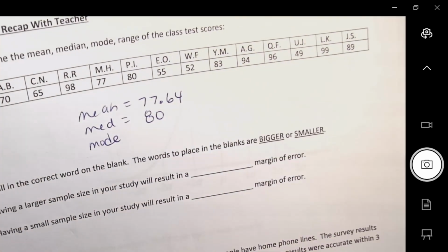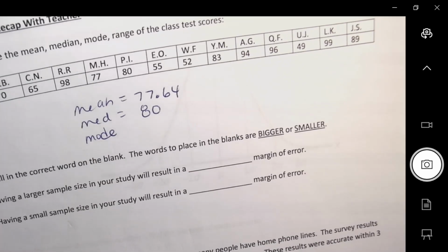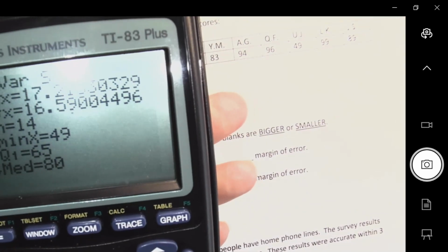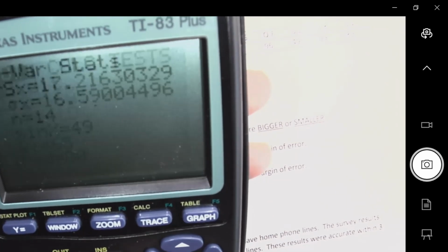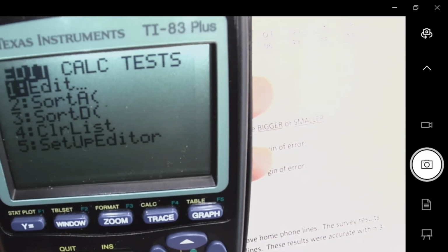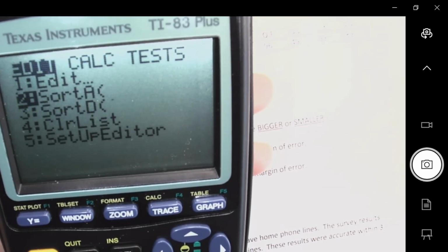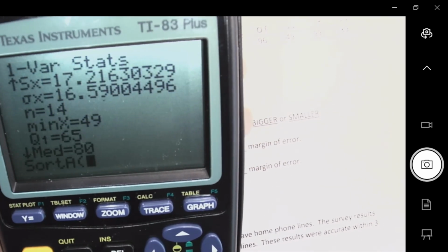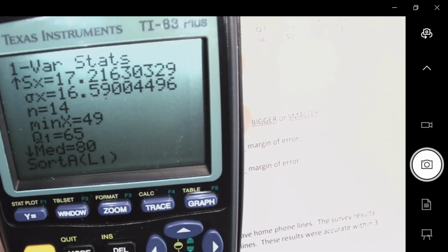Mode. Do you see anything that appears more than the others? And you can't really do that on here. If you wanted to, I could do stat, and then I could sort those numbers, and I would go sort, and then I would go L1.